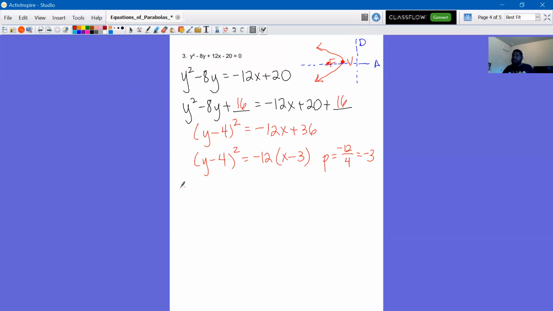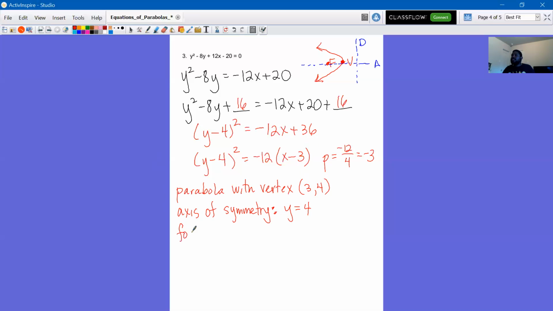We're ready to describe this parabola. So we have a parabola with vertex (3, 4). Axis of symmetry is y = 4.